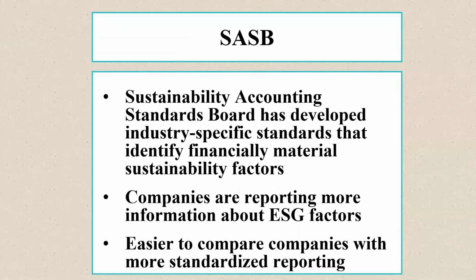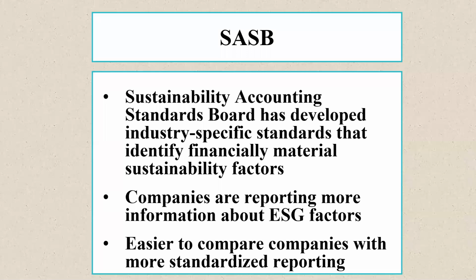The Sustainability Accounting Standards Board has developed now industry-specific standards that identify financially material sustainability factors. And any prudent investor should consider material factors. And so part of the shift that's going on is the recognition that sustainability factors do have financial impact.